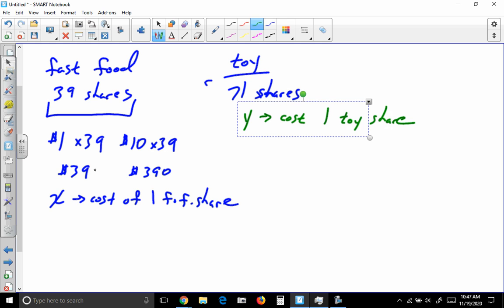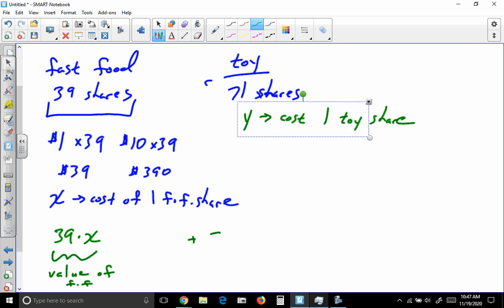So if we take the value of one fast food share and multiply it by 39, that tells us how much money we have in the fast food shares.